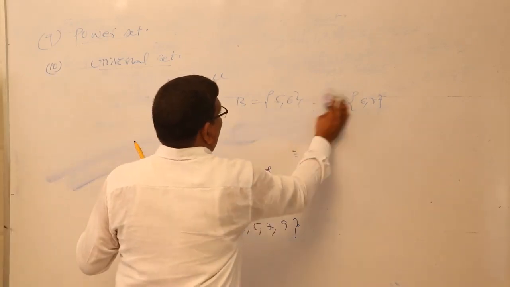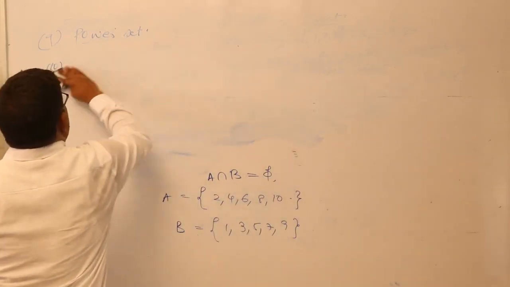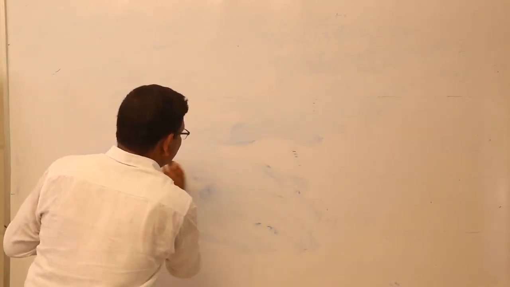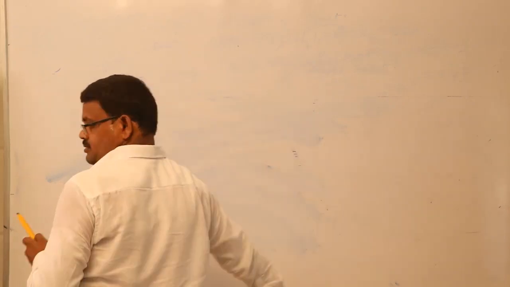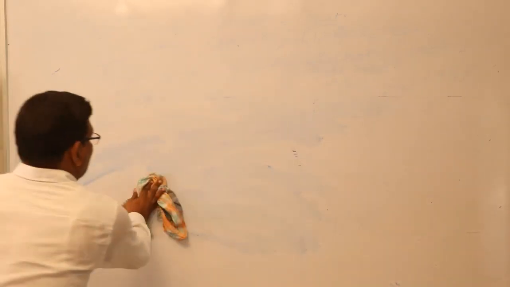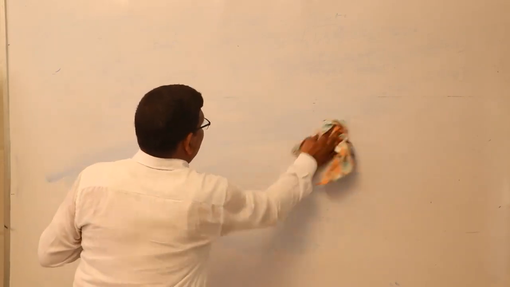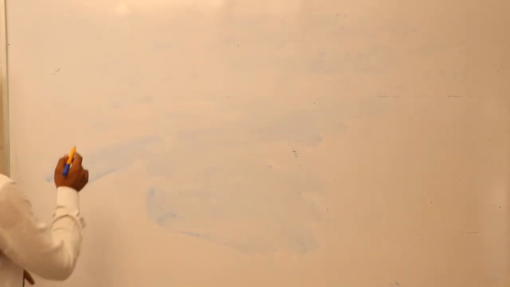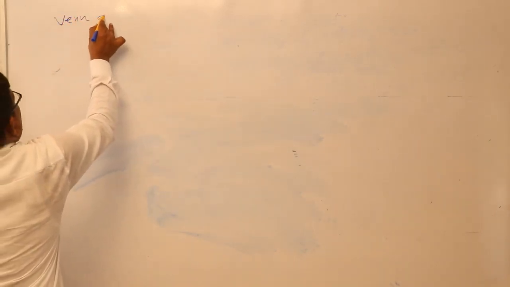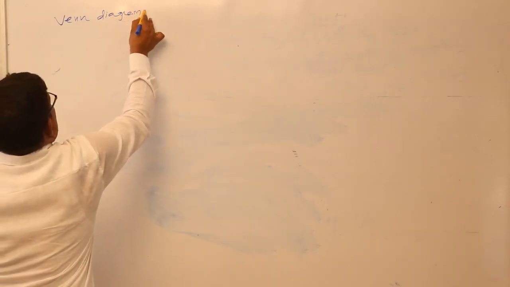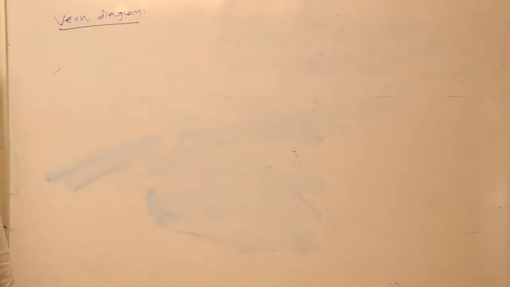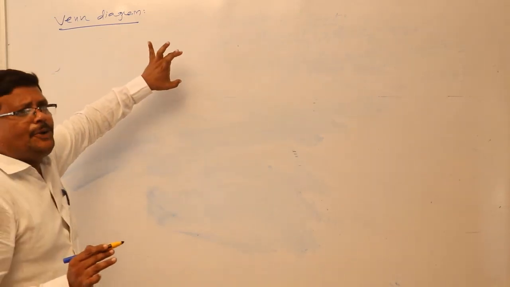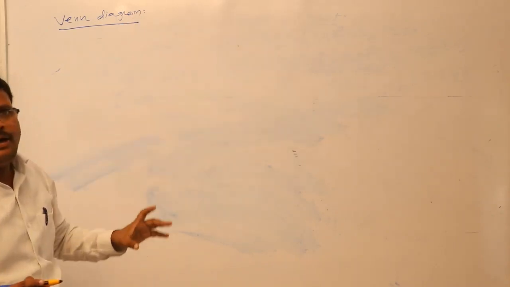Next one is, explain Venn diagrams. What is meant by Venn diagrams? In order to explain the relationship among the sets, we pictorially draw diagrams.